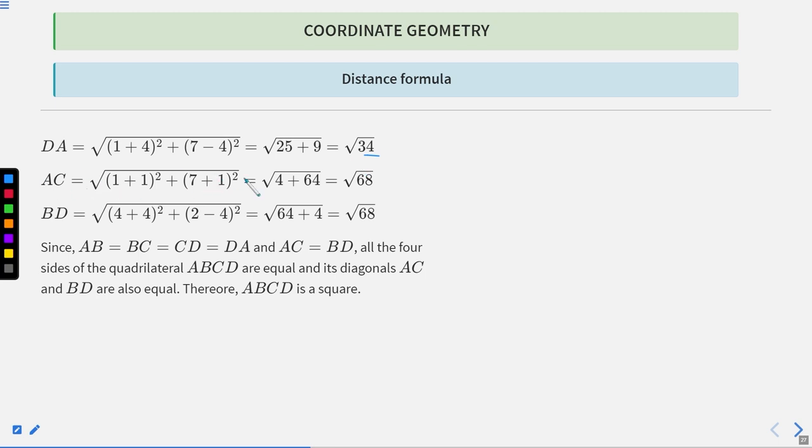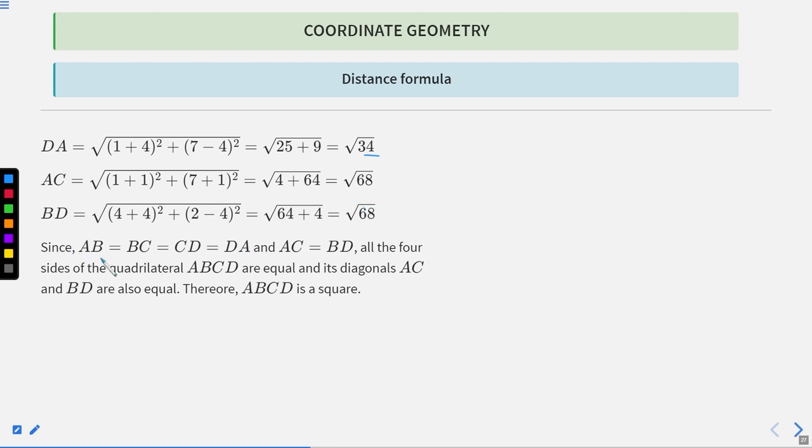And AC is equal to the square root of (1 plus 1) squared plus (7 plus 1) squared, which is equal to the square root of 4 plus 64, which is the square root of 68. So one diagonal is square root of 68 units, and the other diagonal BD is equal to the square root of (4 plus 4) squared plus (2 minus 4) squared, which is equal to the square root of 64 plus 4, and this is equal to the square root of 68.